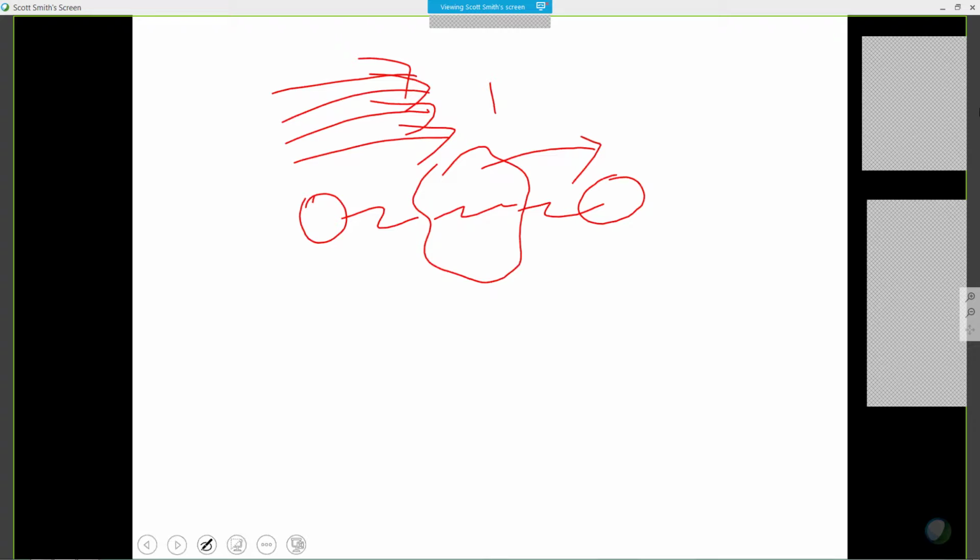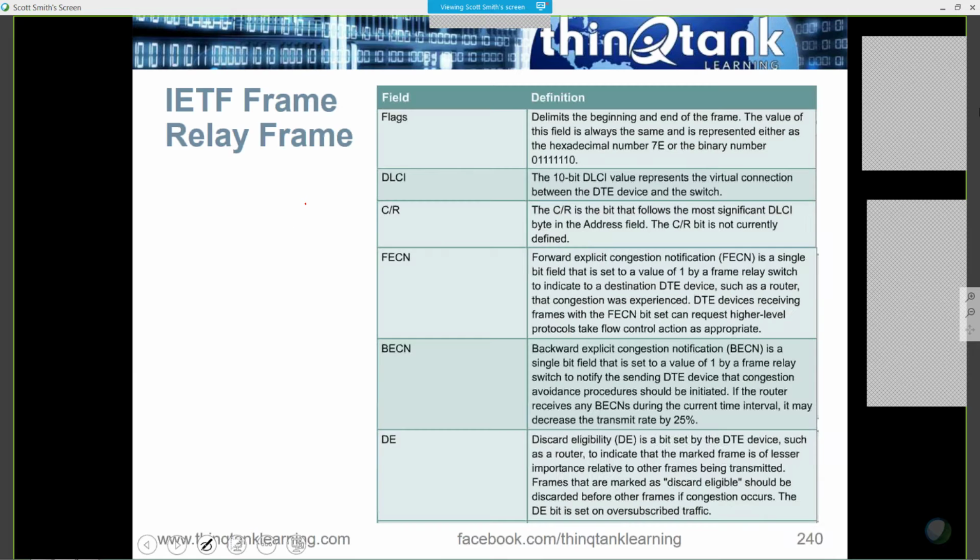Backward explicit congestion notification is marking the return frames that go back to the source with a BECN bit that tells it that the frame relay network is congested. You're not tested on that, or that, but that's what it's for.